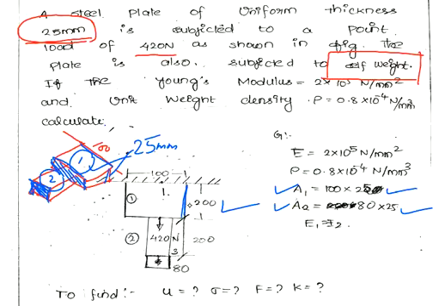Similarly, this material is uniform, so the material will be the same and E1 and E2, the Young's modulus, will definitely be the same.